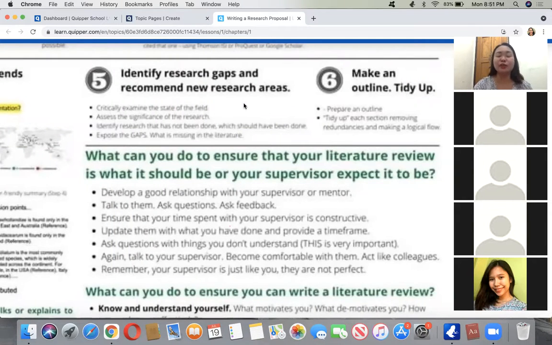For example, in your conclusion, you have said na there's still need of organic ways of controlling the stem borer. So parang ganon, no? Mga critical examination, assessment, etc. And make an outline or tidy up.